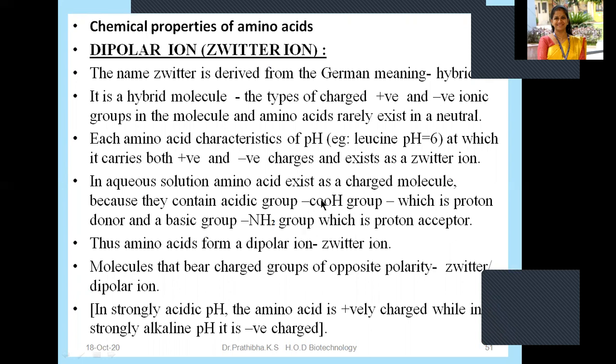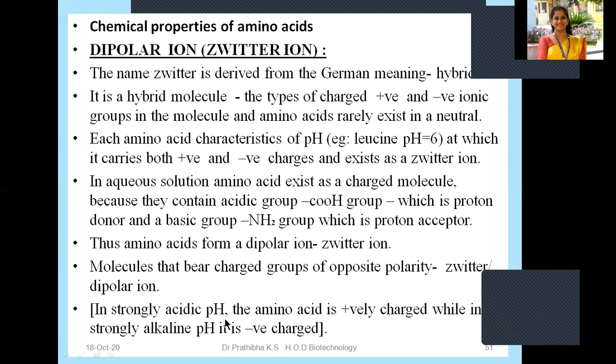Okay, when this COOH donates the proton, this NH2 group is going to accept it and become NH3 plus, and this becomes COO minus. At that time we can see both the charges, right? Thus amino acids form a dipolar ion or Zwitter ion or neutral. Okay, molecules that bear charged groups of opposite polarity are known as Zwitter or dipolar ions.